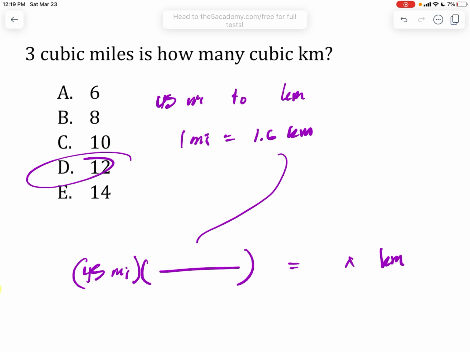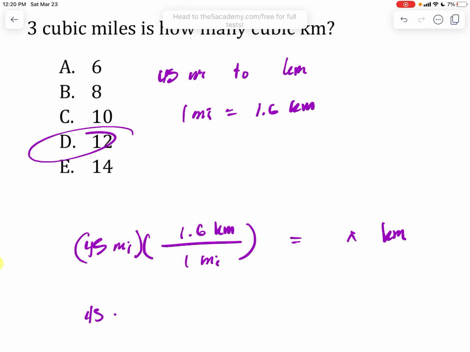What you do is you put your desired unit in the numerator. You put your old unit in the denominator, and then you just have a fraction essentially to solve. So 45 times 1.6 over 1 is equal to the number of kilometers. That gives you 72 kilometers. Okay? That's essentially how you do this problem.